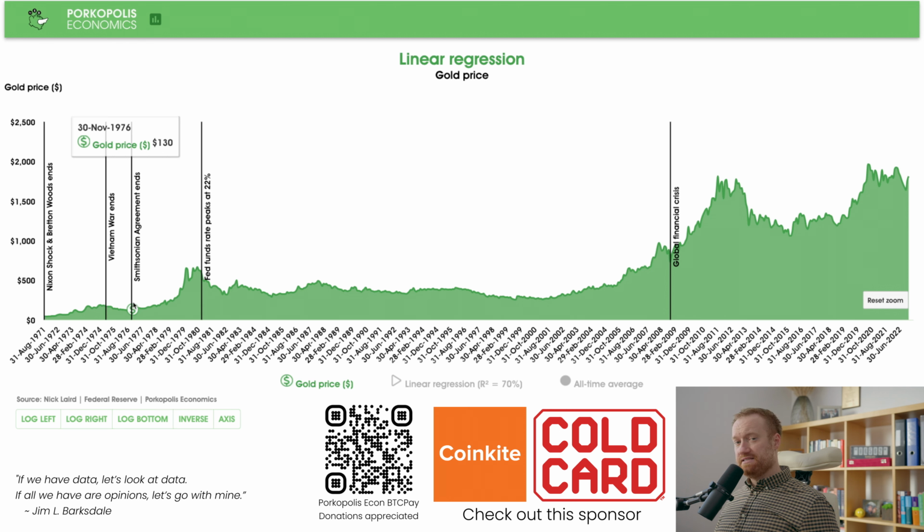Still for the United States, it's how they value and measure their gold on the balance sheet of the Federal Reserve: somewhere around $42 an ounce. Look what the price was when the Smithsonian Agreement ended: $130, roughly. So the market was saying very different things than what the governments were trying to say about gold and money at this time. And that is indeed why the peg to gold broke.